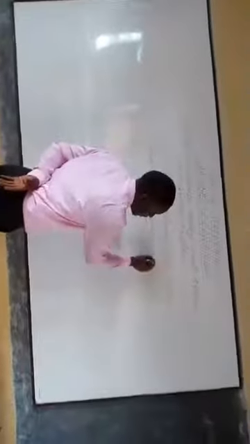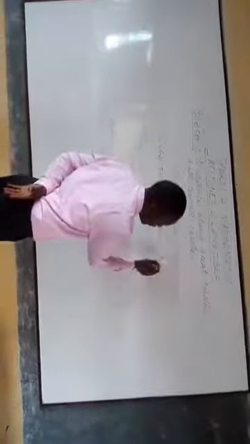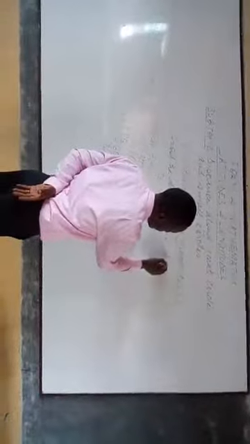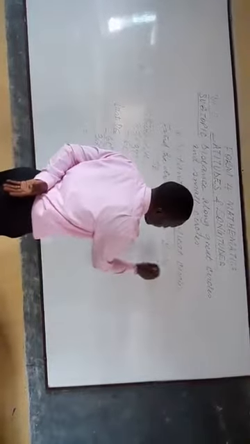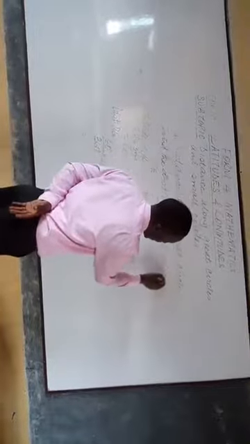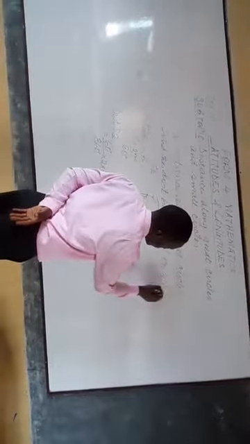So we have some point, we're going to call it point A. That point lies on 50 degrees north, 30 degrees west.